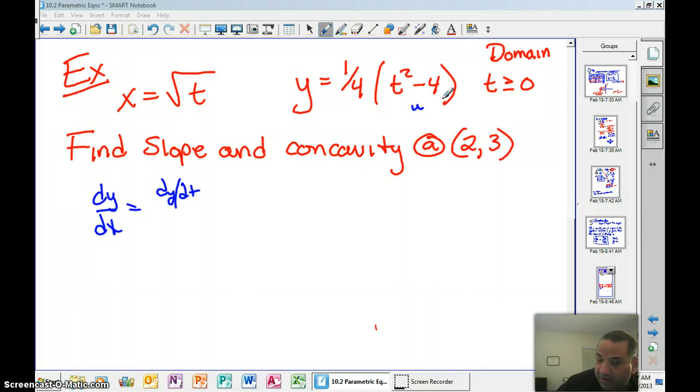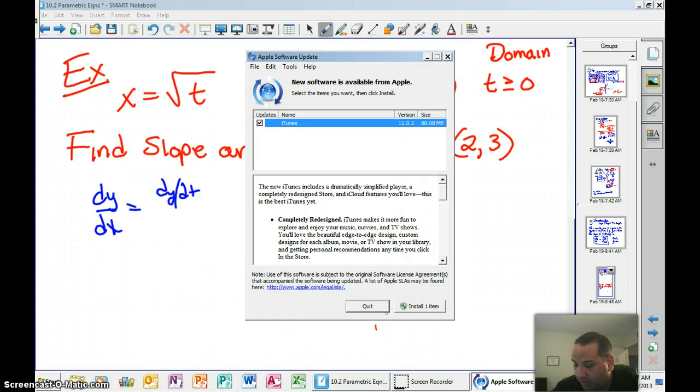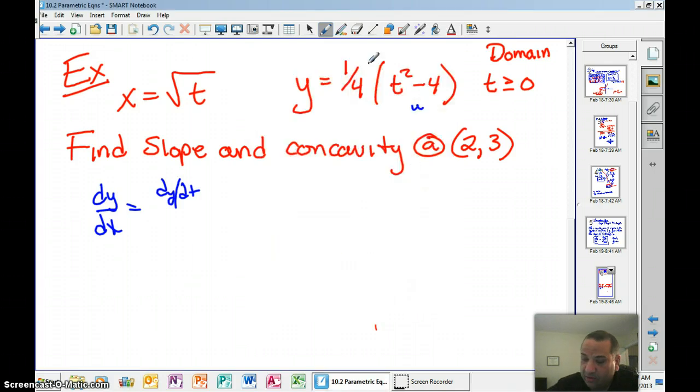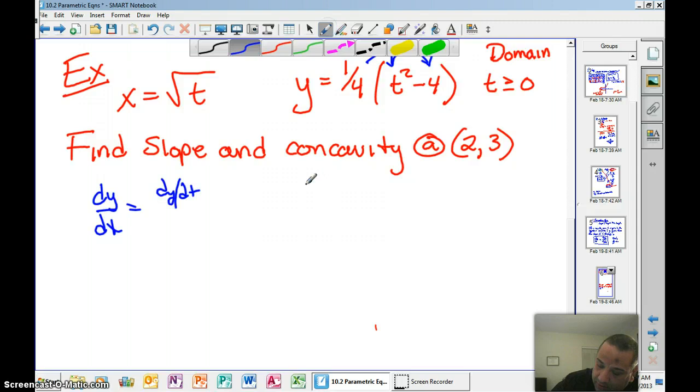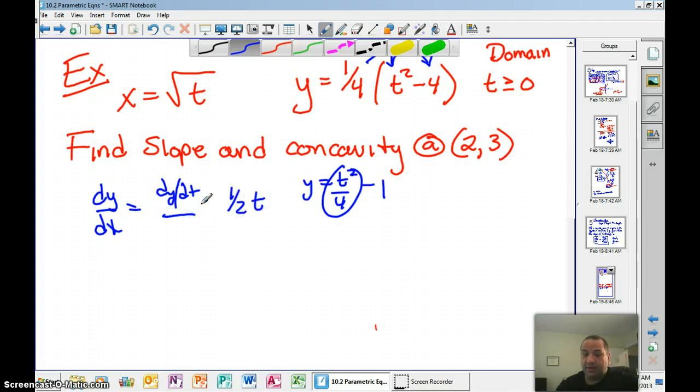Distribute the 1/4 in, and you'll get y equals t squared over 4 minus 1. Well, when I take the derivative, this is the only thing that matters, so it's going to be 1/2 t. Hopefully you see that. And that's going to be over dx dt.